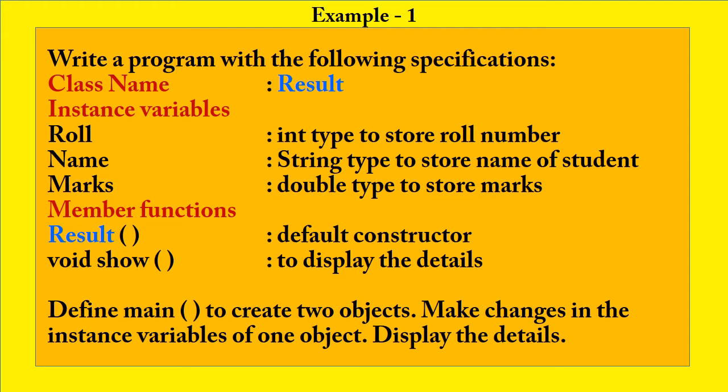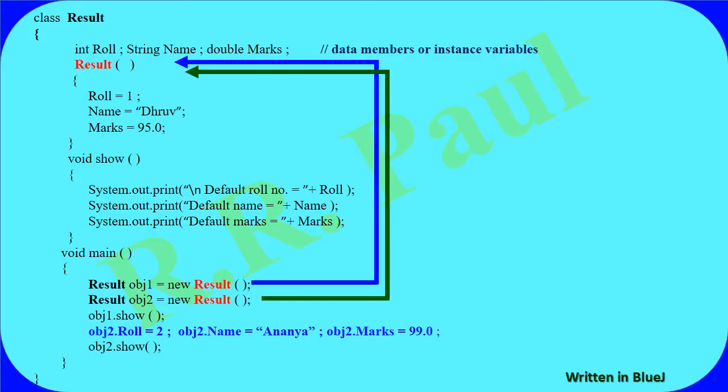Then one more task is given to create the main function, in which we have to create two objects and make changes in the instance variables of one object and then display the details. Look at the solution.